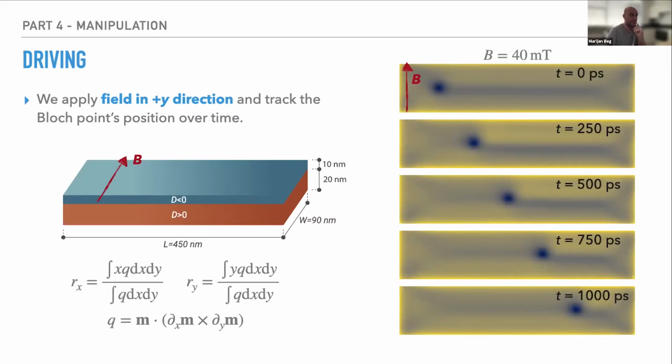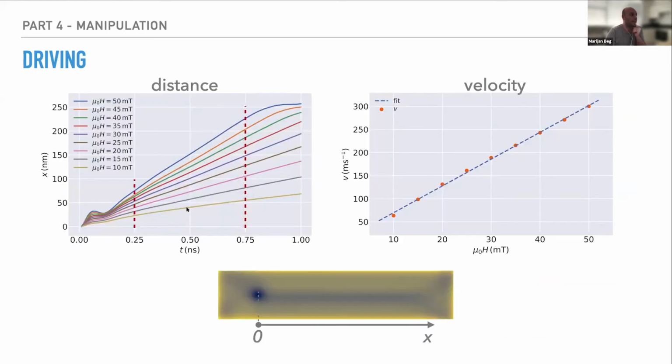By plotting the distance as a function of time for different external magnetic fields, we can see that the Bloch point moves in the positive x direction, or in other words, perpendicular to the magnetic field. And here is the first degree polynomial interpolation to get the velocities. You can see the velocities are similar to those of skyrmions.